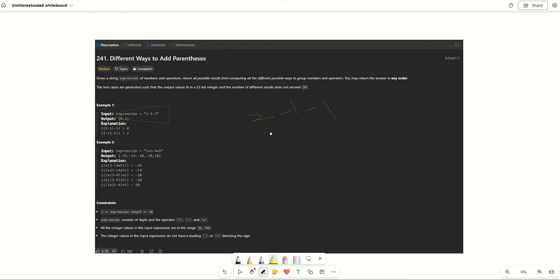One way of solving this expression is 2 minus (1 minus 1), and the other solution can be (2 minus 1) minus 1.